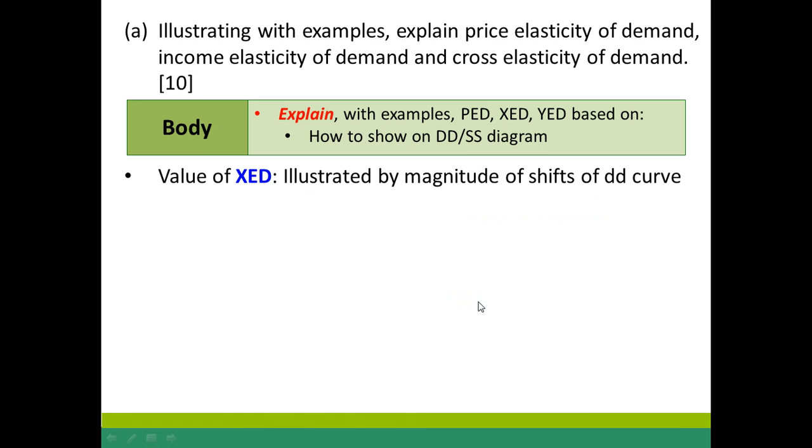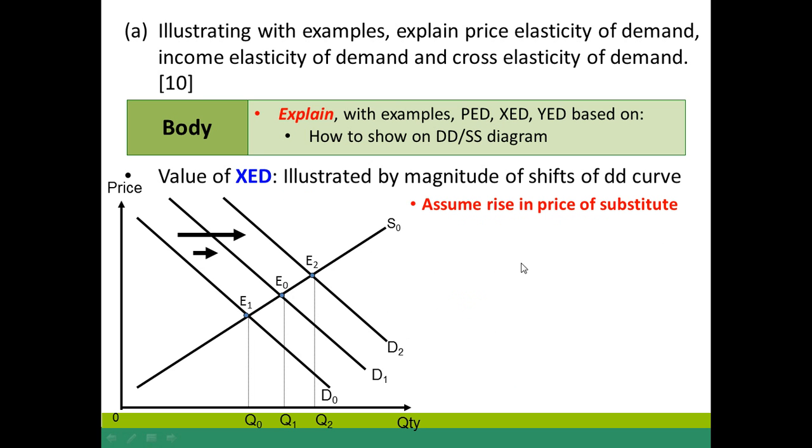Okay, this is for necessities. So now we move on to XED. So let us assume that there is a rise in the price of substitutes. Okay, so when there is a rise in price of substitutes, the demand for the good that we are interested in would increase. So if it's a weak substitute, then you only see a relatively small increase in demand.